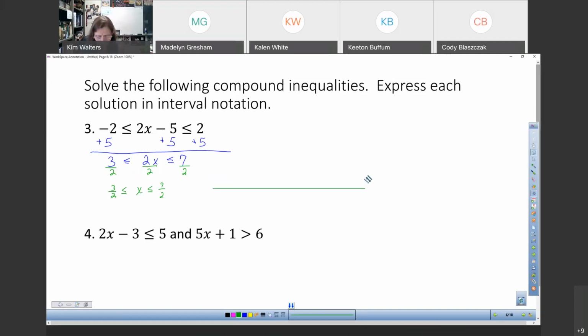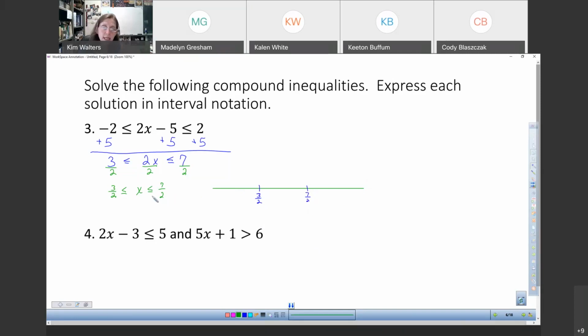So I'm going to sketch the graph here. So here is my number line. And on my number line, I'm going to put those numbers 3/2 and 7/2. Notice, because my number line goes in order, 3/2 is smaller than 7/2. Now, when I get ready to graph these, a couple of things I want you to notice about this.